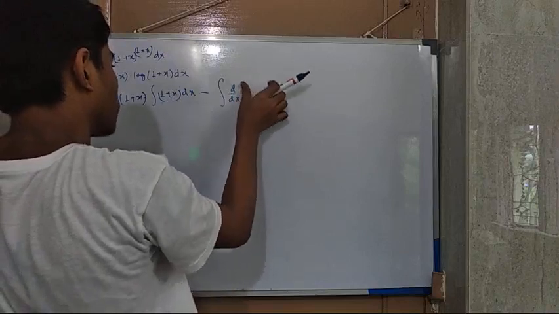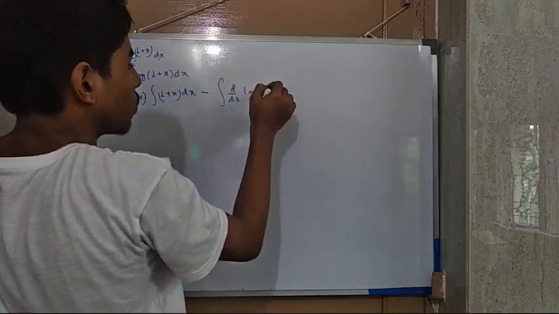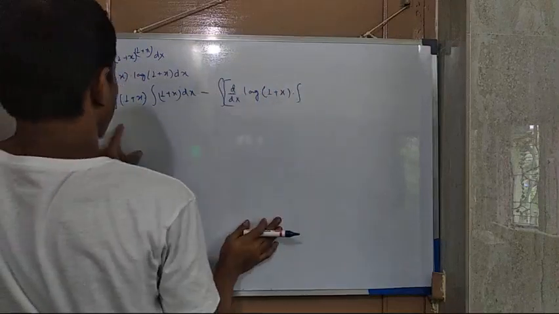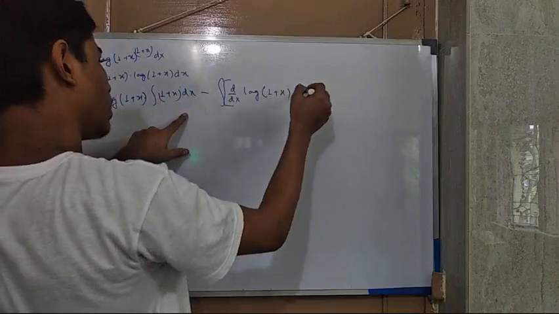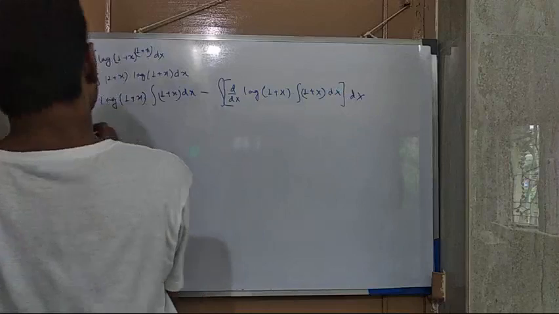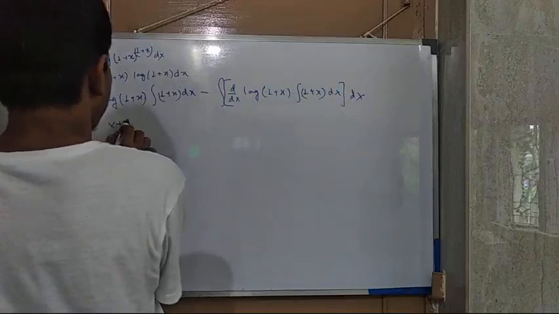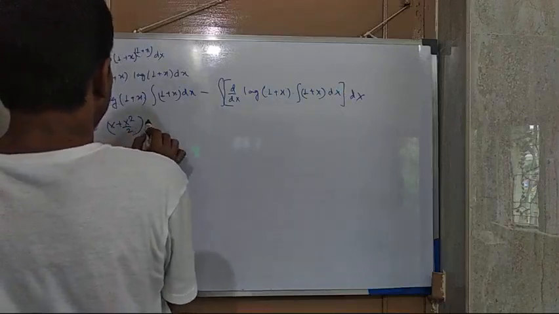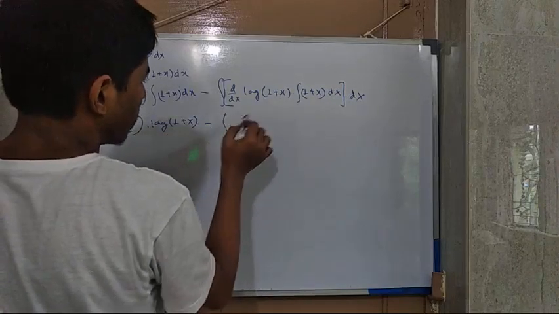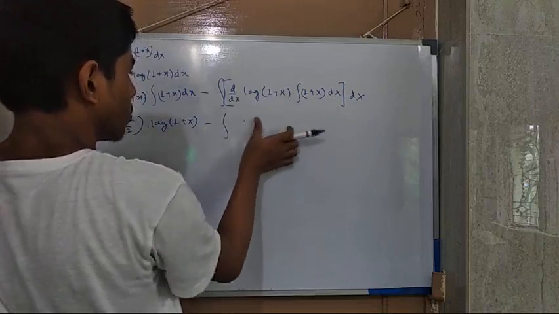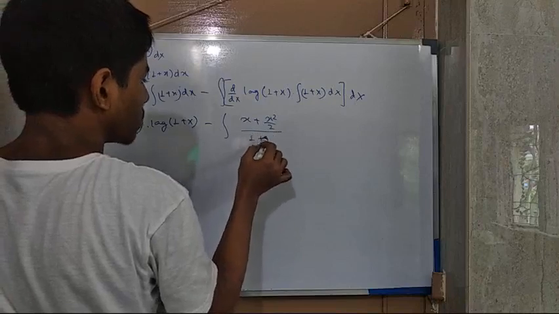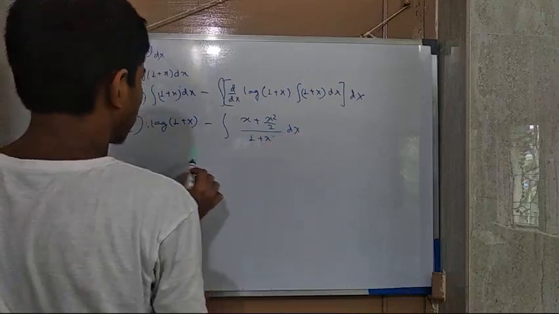d/dx of log of 1 plus x times integral of 1 plus x dx, times dx. So this is actually x plus x squared by 2 times log of 1 plus x minus integral of x plus x squared by 2 divided by 1 plus x dx.